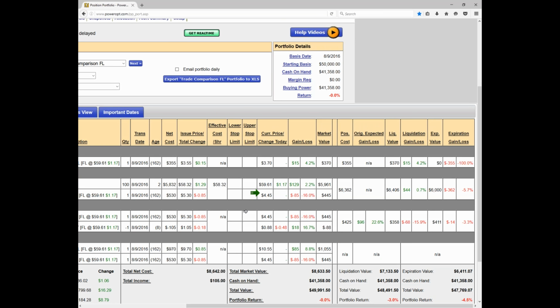I've lost 85 cents on the put, but for the position as a whole, I'm gaining $44. Now that's only 0.7% of what I invested in the position, and this goes exactly to what James said, and he's exactly right. But the $15 I've made on the long call is 4.2%, but I've made more monetarily on the radioactive trade.